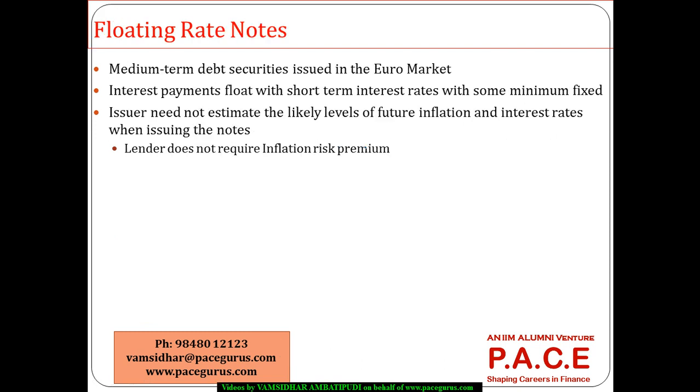And finally, looking at the floating rate notes, the word itself says the coupon is not fixed, it's floating. To a large extent, they are medium term securities, which are generally between 5 to 10 years maturity. And they are issued in the euro market, which means the capital is raised for a medium term in the international market where the interest rates are more or less floating. So the interest rate payment changes with the short term interest rate.